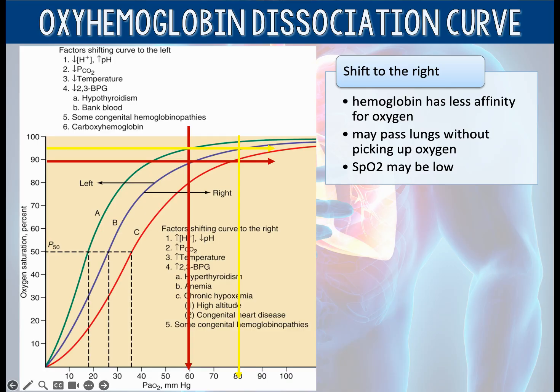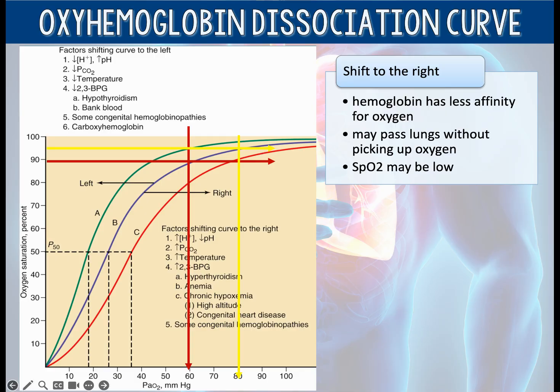So we don't want that, right? Because remember that in this case, hemoglobin is already not that attracted to oxygen. And when you have more 2,3-BPG, it decreases that attraction even more. So now you've got all these hemoglobin blood cells running around and not really picking up any oxygen. So that's why you don't want that.